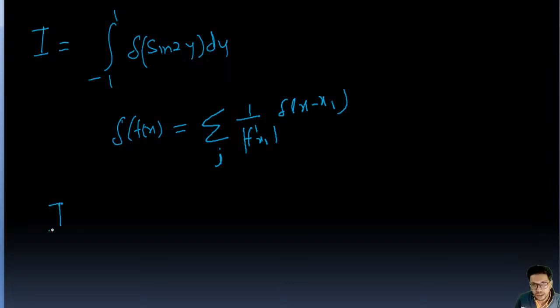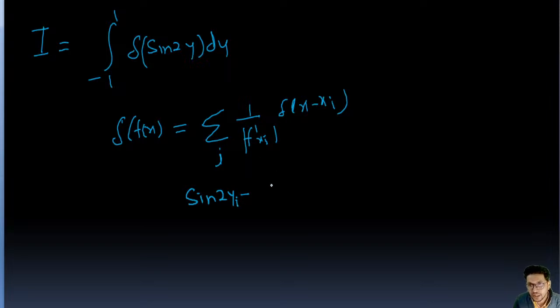This is going to be I. Here we'll use the integral from minus 1 to plus 1 with the sum, but before that we'll find the value of xi. So xi is the root of the function, and to find the root of the function, we need to set sine 2yi equal to 0, because here y is there, right?